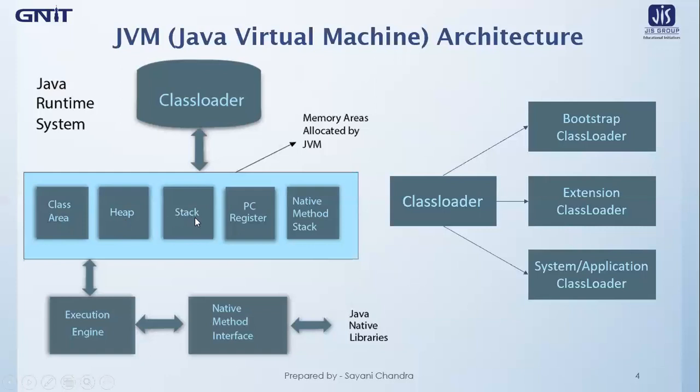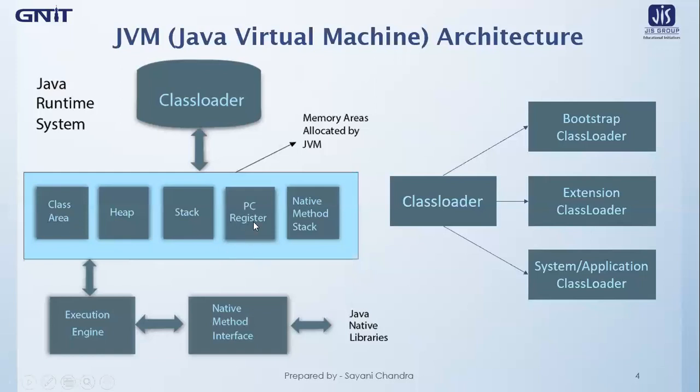The next one is stack. Java stack stores frames. It holds local variables and partial results and plays a part in method invocation and return. Each thread has a private JVM stack created at the same time as thread. A new frame is created each time a method is invoked. A frame is destroyed when its method invocation completes.